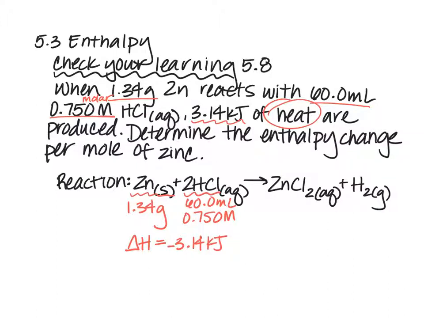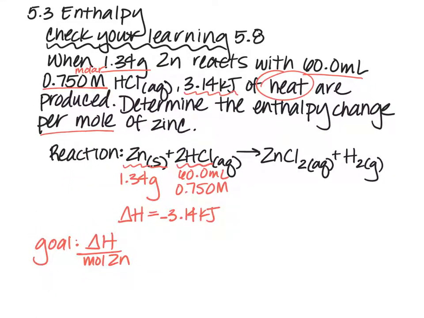When it says produce, that means it's given off, so there's a negative right there. Okay, so moving on, determine the enthalpy change per mole of zinc. So the goal is to solve for delta H per mole of zinc.